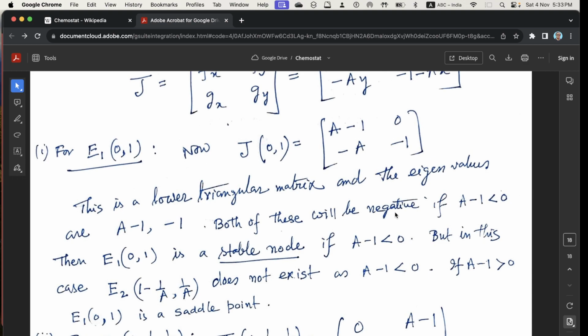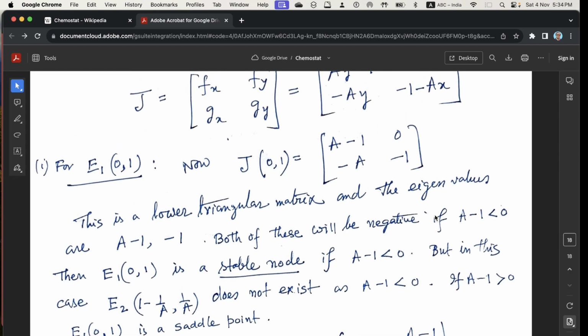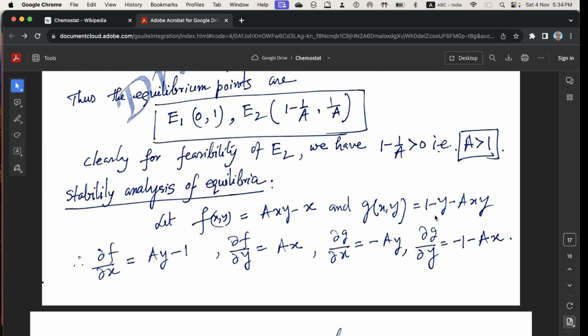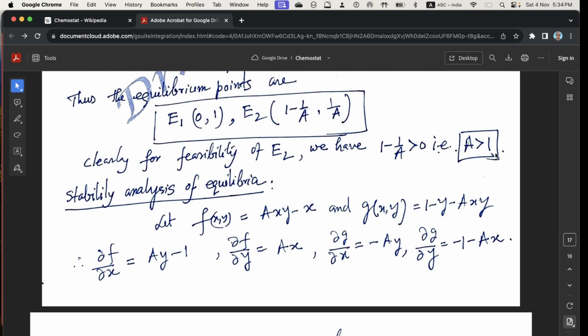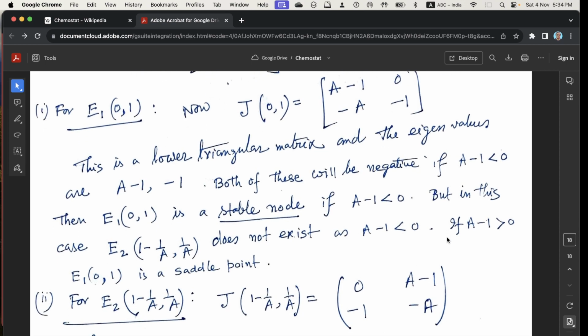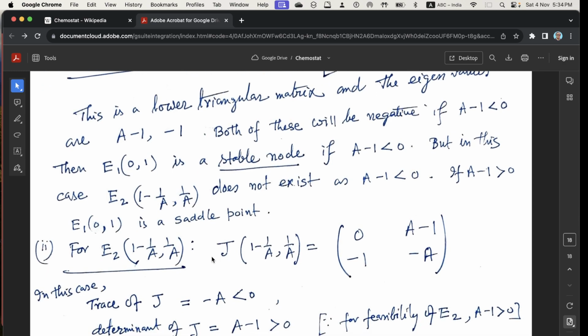If a minus 1 is less than 0, then both of these eigenvalues are negative, so E1 is a stable node. But in this case, E2 does not exist because for existence of E2, a must be greater than 1. So obviously a less than 1, E2 does not exist. And if a is greater than 1, E1 is a saddle point.